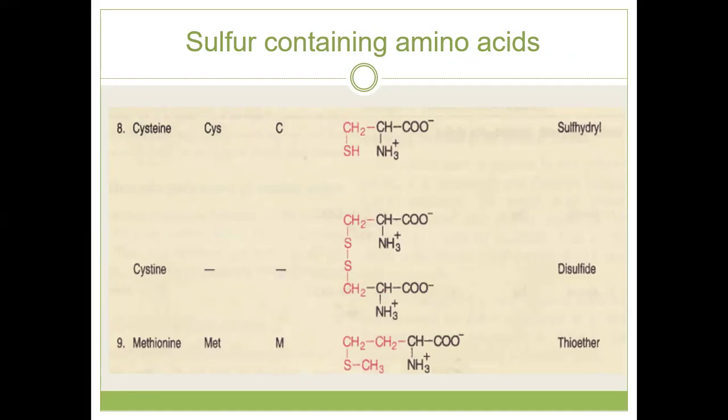So the first one is cysteine. In cysteine, you have the beta carbon attached to a sulfur-hydryl group, just like we mentioned serine, where the beta carbon is attached to hydroxyl group. But this one, the beta carbon is attached to sulfur-hydryl group to give what we call cysteine.